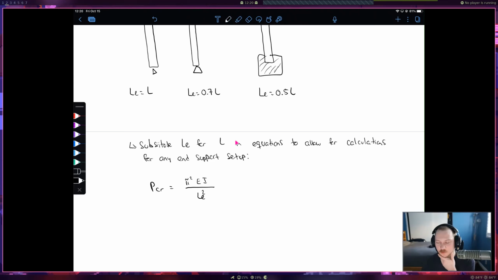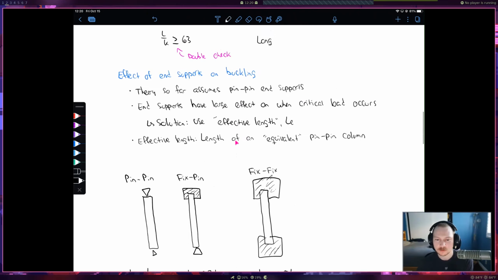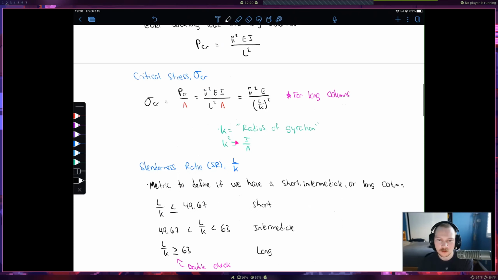Okay, so all we're going to do when we see an L, we're just going to plug in L sub e instead. So that's our critical load, and we'll get our critical stress here.